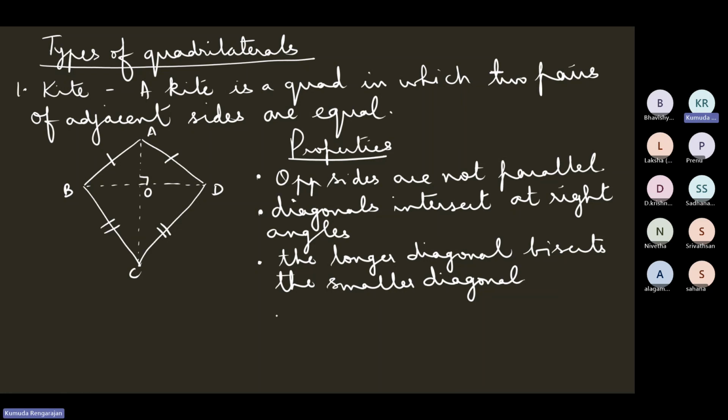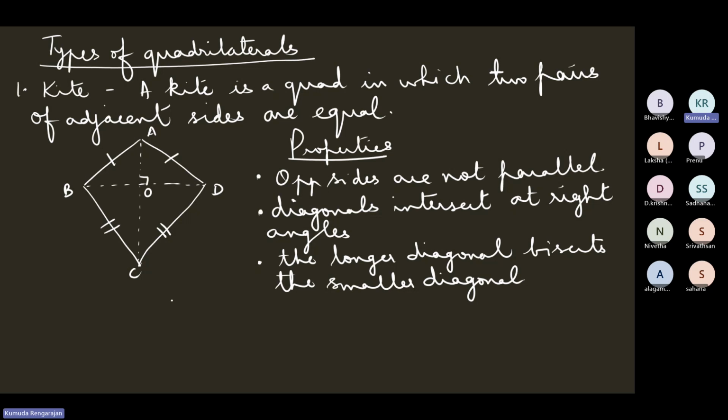So here, supposing AC is the longer diagonal, it cuts the smaller diagonal into two equal pieces. AC cuts BD, the smaller diagonal, into two equal pieces, which means OB is equal to OD. O is the midpoint of the smaller diagonal BD. O is not the midpoint of the longer diagonal AC.